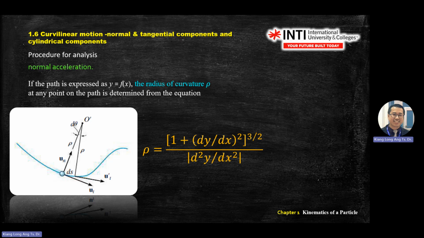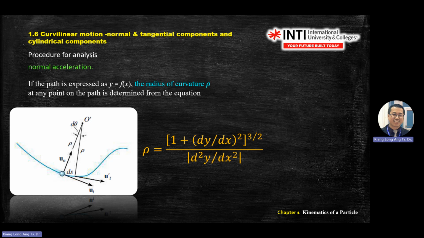Draw the v_t component on the particle. After you draw the v_t, write these two equations: a equals something plus something, a equals dv/dt or v dot u_t plus v squared over rho u_n. Once you write this, if you're lucky, the question will give you the rho.